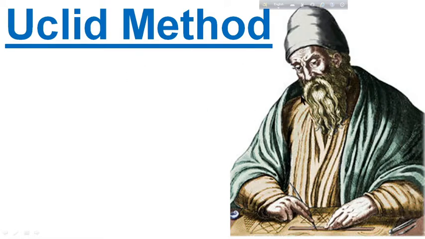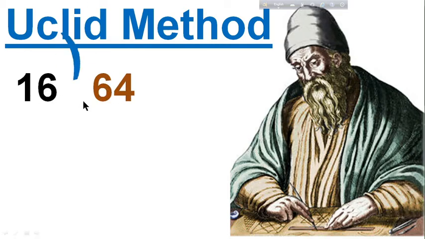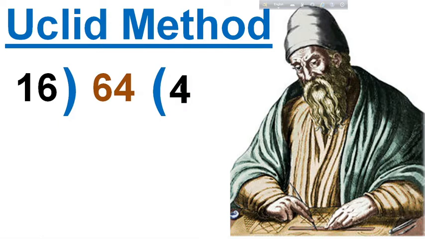This scientist has given us the easiest method of finding out the highest common factor, and this method is we will divide the greater number by the smaller number. If we divide 64 by 16, we will get 4 times 16. 16 fours are 64.